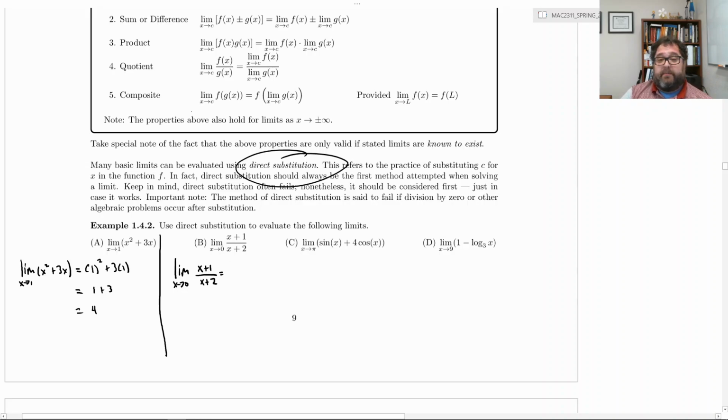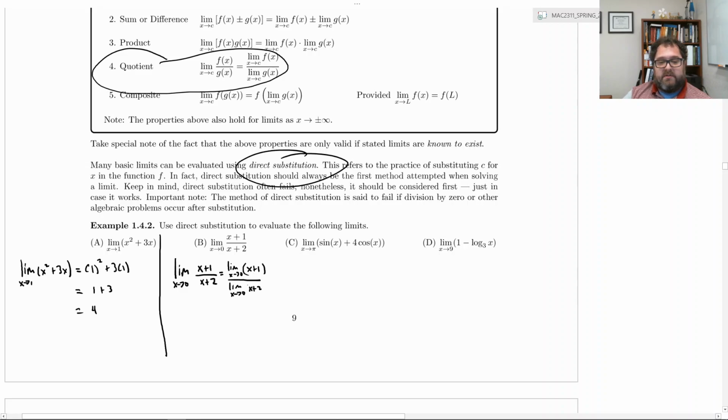Now, what is the property that applies here? Well, it's the quotient property. What this says is you can take the limit of the numerator and denominator individually. So we say the limit as x approaches 0 of x plus 1 over the limit as x approaches 0 of x plus 2.